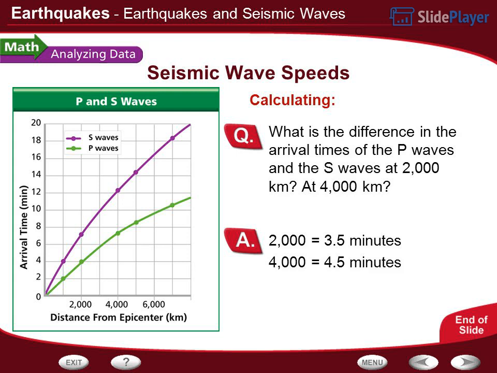What is the difference in the arrival times of the P waves and the S waves at 2,000 kilometers? At 4,000 kilometers? 2,000 equals 3.5 minutes. 4,000 equals 4.5 minutes.